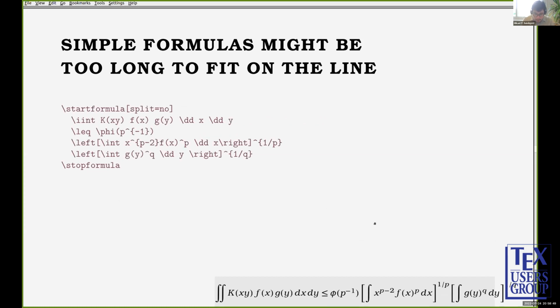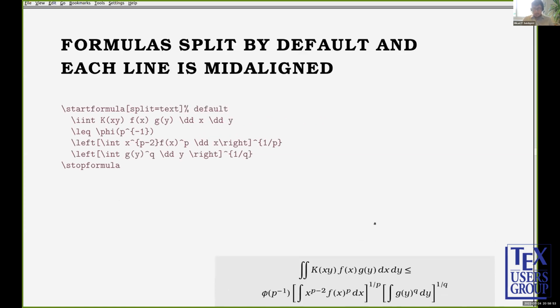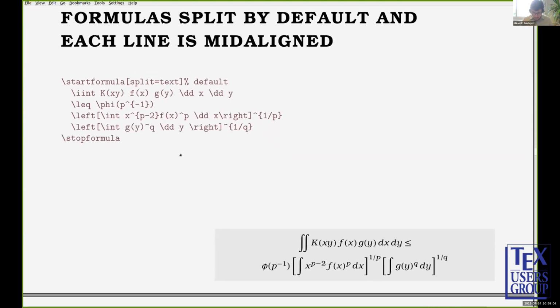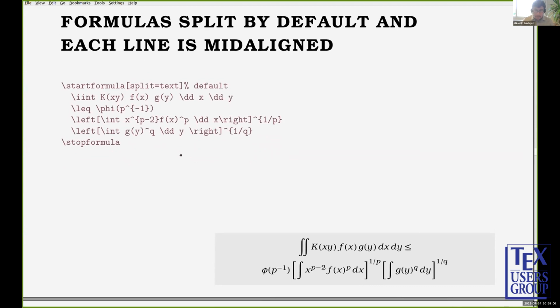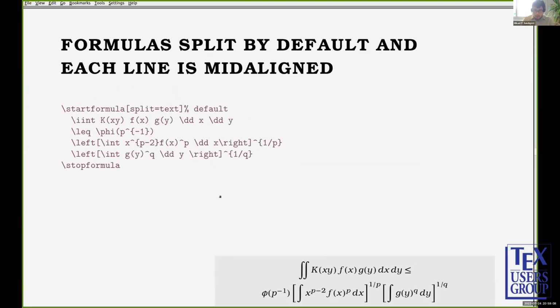This is one of the major nice things, I think, that has happened. By default, the split key is set to text. I add it here explicitly just so that you can see it, but this is really the default. So displayed formulas are now broken over lines by default. And as you can see here, the breaking point is perhaps not optimal.